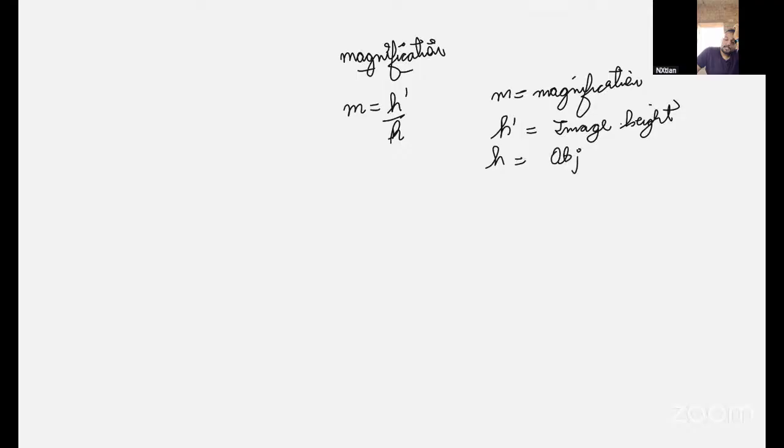Here, M stands for magnification, h dash stands for image height, and h stands for object height.